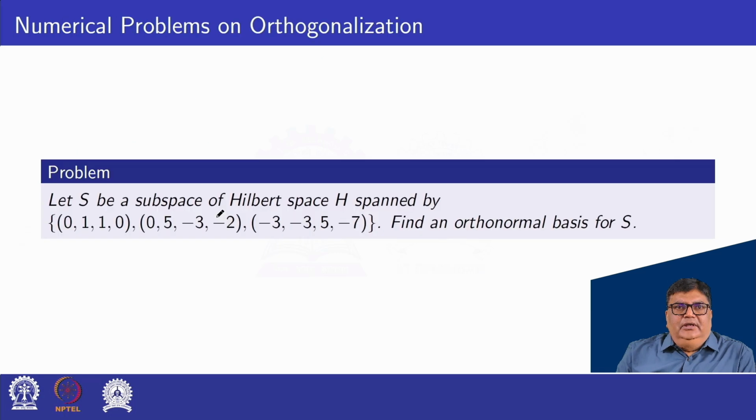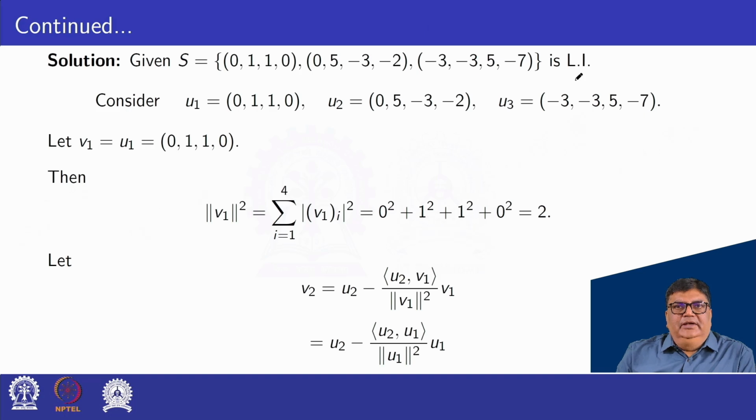Solution. The given set is linearly independent. Consider U1 equal to the first vector, U2 equal to the second vector, and U3 equal to the third vector. Applying the Gram-Schmidt orthonormalization process, let V1 equal U1, the tuple (0, 1, 1, 0).